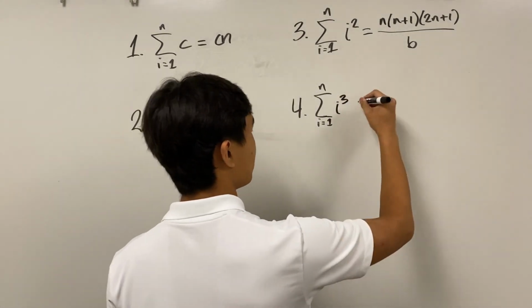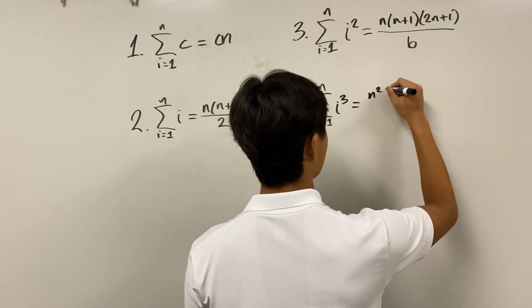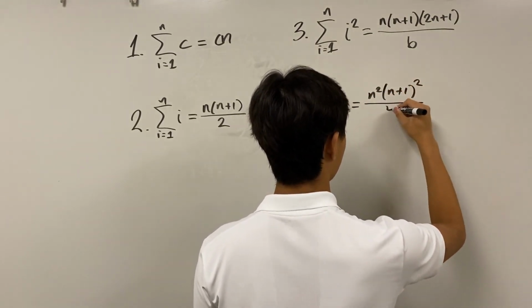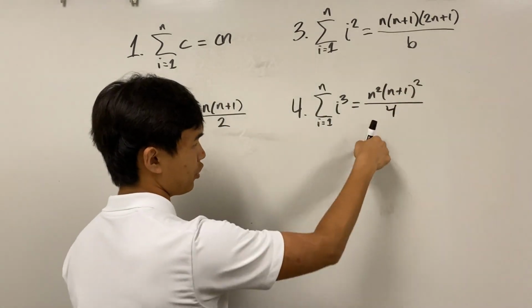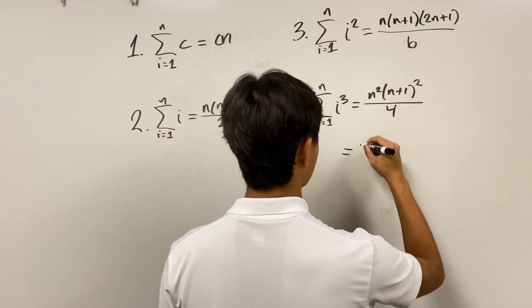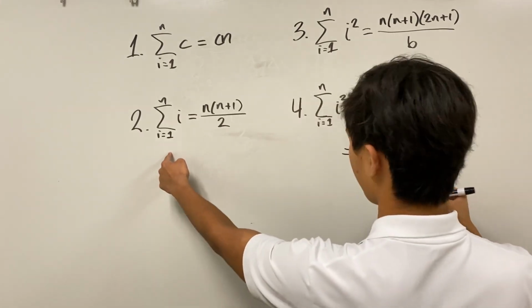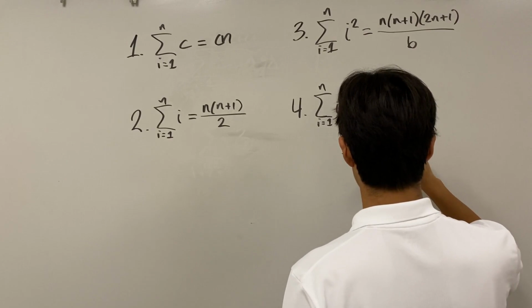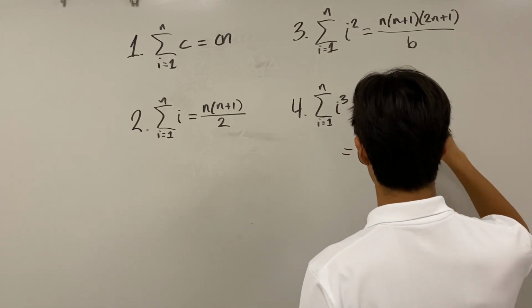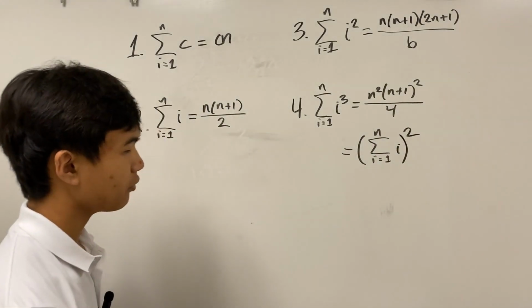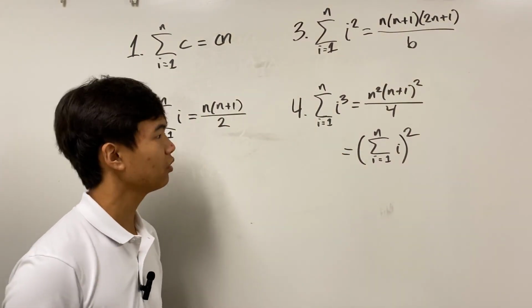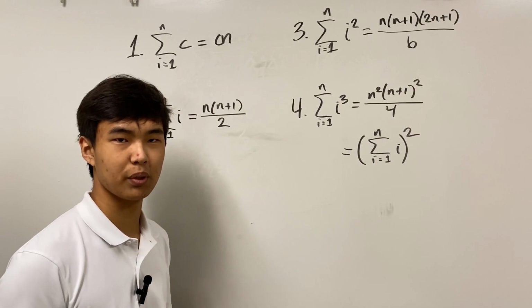Like here, this is n squared times n plus 1 squared over 4. And you'll notice that this is this squared. Right? So the proof for this is pretty long, but that's just a cool relationship between the two.